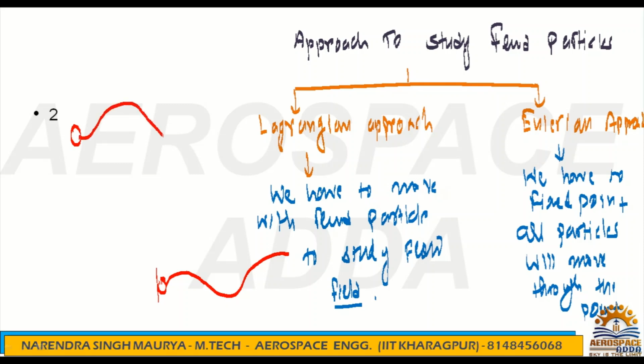This is the Eulerian approach, when the observer is fixed somewhere, standing here, and all the particles move through this point. The observer observes the fluid field. This is called the Eulerian approach.